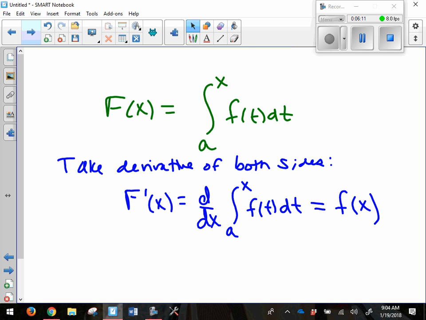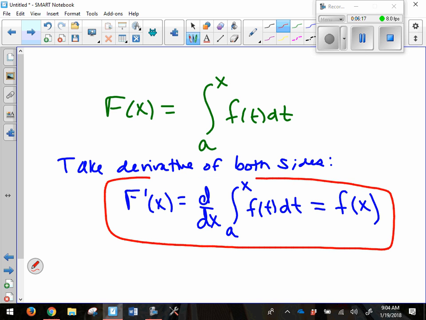Because this is the thing I want, this is why we did this exercise, so that we could get to this statement. Correct, because I am taking the derivative with respect to x.